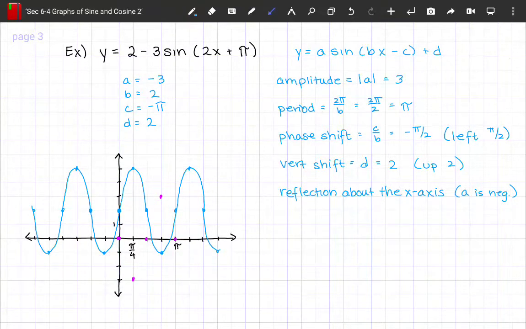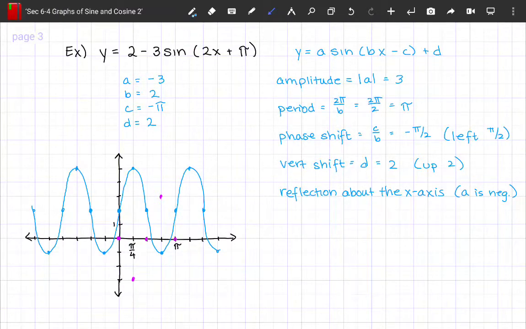Now, as far as the period goes, again, just choose a convenient scale on your x-axis, and that takes care of it. Since the period is pi, I want 1, 2, 3, 4 spaces to equal pi. That means each space is pi over 4. And then I also want the scale on my y-axis. I'll just keep that as a 1 because I don't have any crazy amplitude.